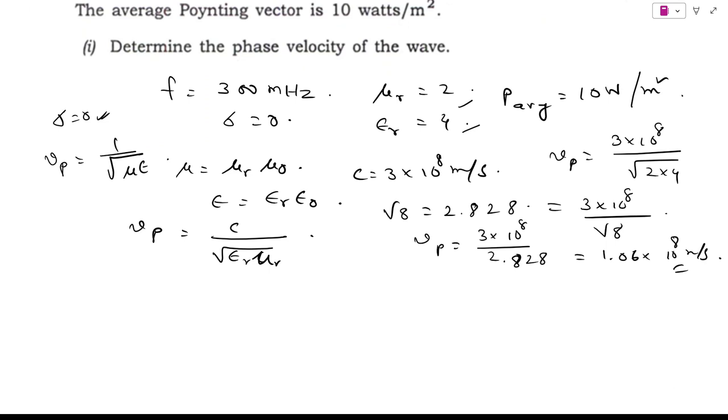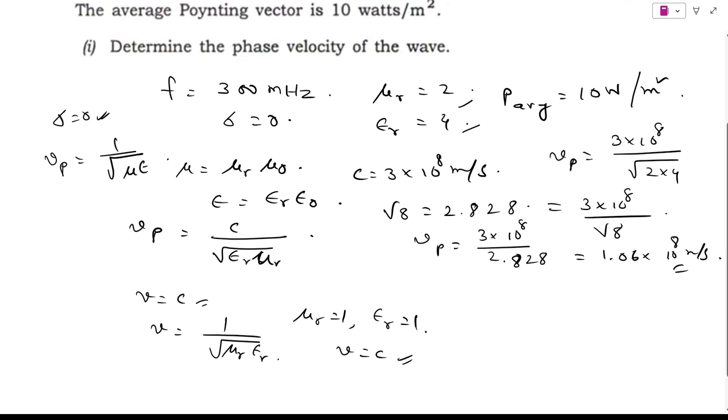Okay. And always remember for these formulas, for free space v will be equal to c. For a dielectric medium, v is basically 1 by root over of mu r epsilon r, and if mu r equal to 1, epsilon r equal to 1, then v will be equal to c.